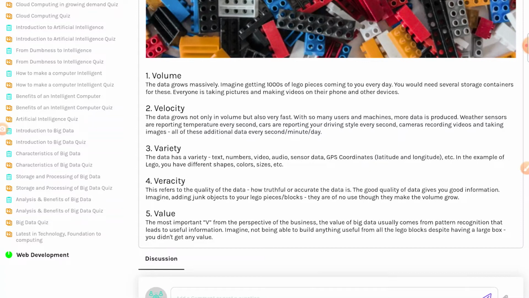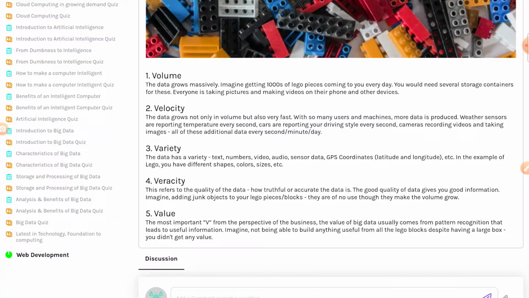All of the data that we are collecting from the sensors is coming in and being stored somewhere. Even every second people are logging into Facebook, every second people are sending messages on WhatsApp. The speed at which data is growing is really fast. We are talking in terms of seconds.